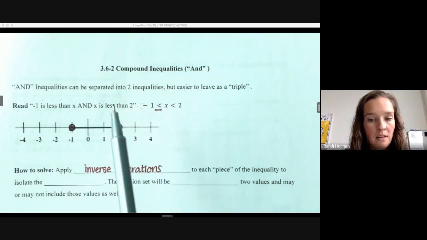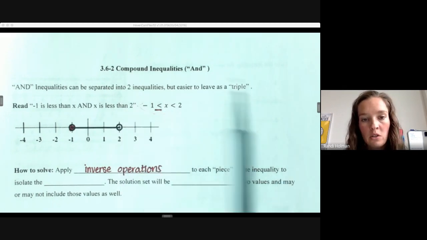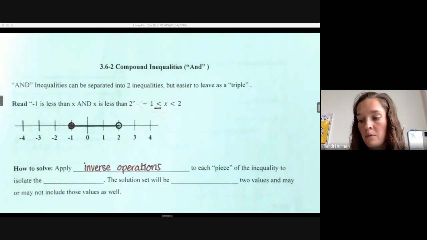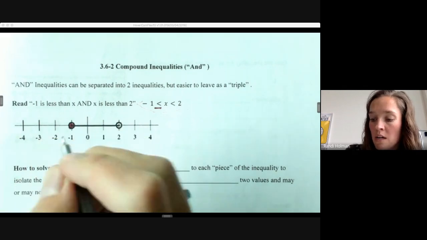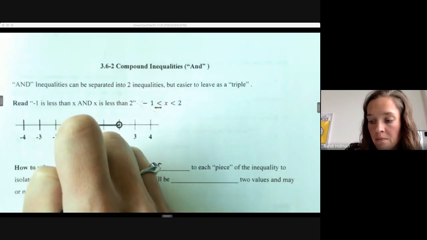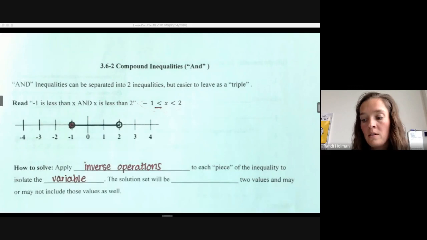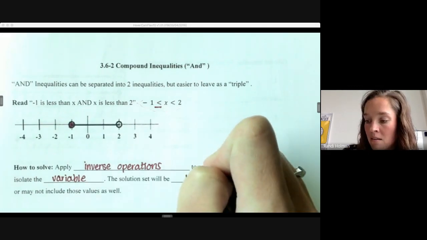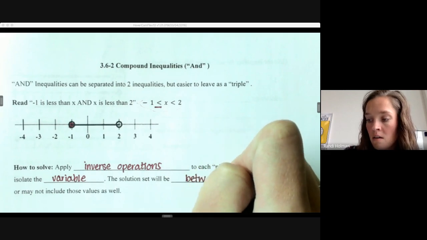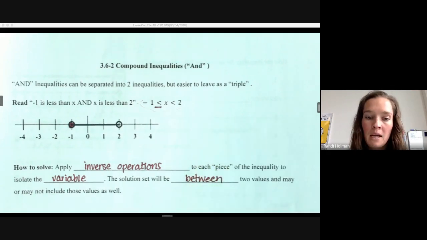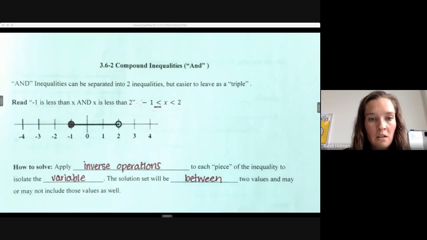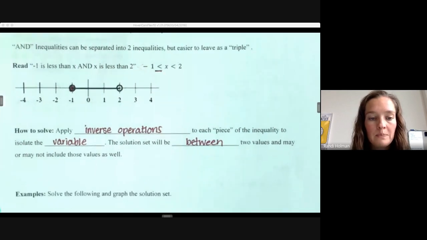So rather than thinking of two sides of your inequality, you have 3 pieces that you need to do those inverse operations to in order to isolate your variable. The solution set will be between the two values and may or may not include those values as well. So we end up with this bar looking thing rather than those arrows going away from each other like we had in our "or" inequalities.